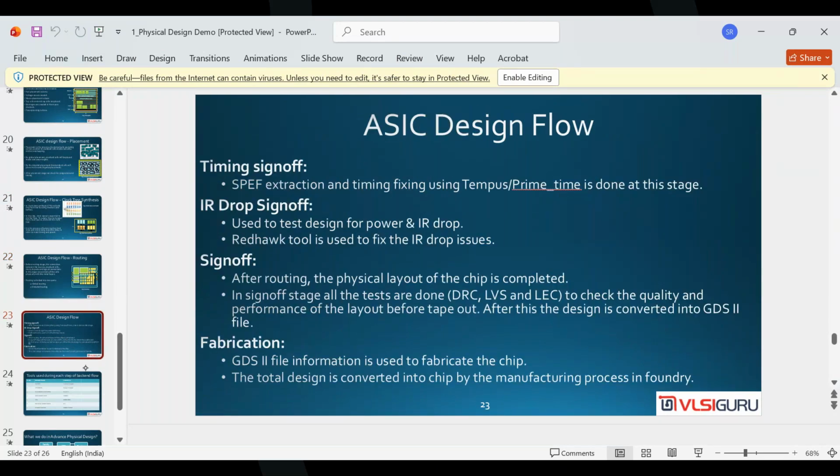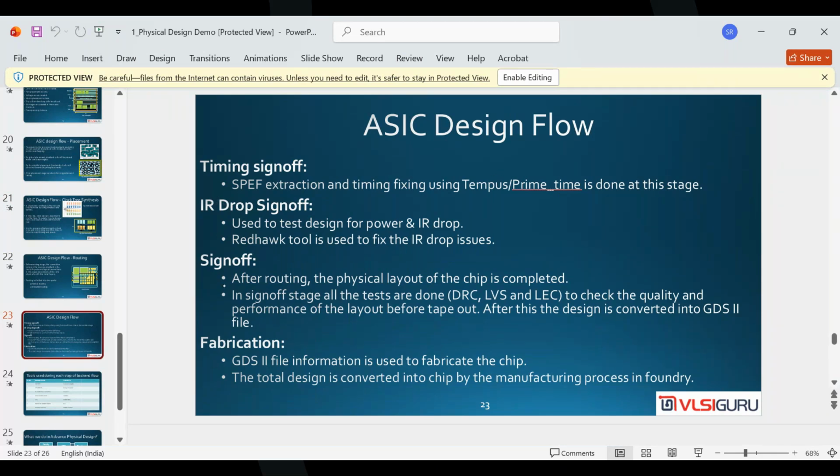In the end, we have sign off. There are three sign offs which we are going to follow: timing sign off, power sign off, and physical verification. In power sign off, there will be IR checks, both static as well as dynamic IR check.